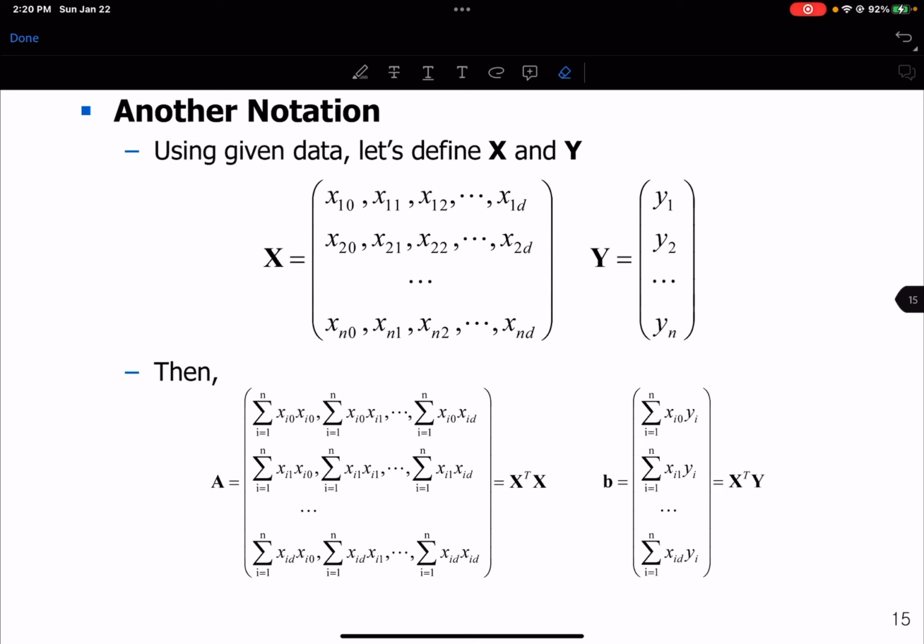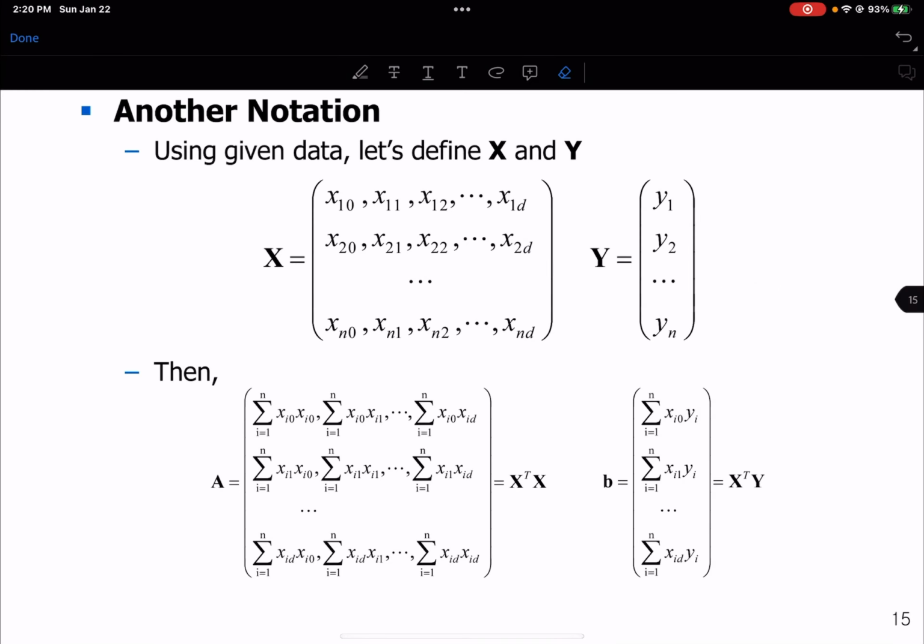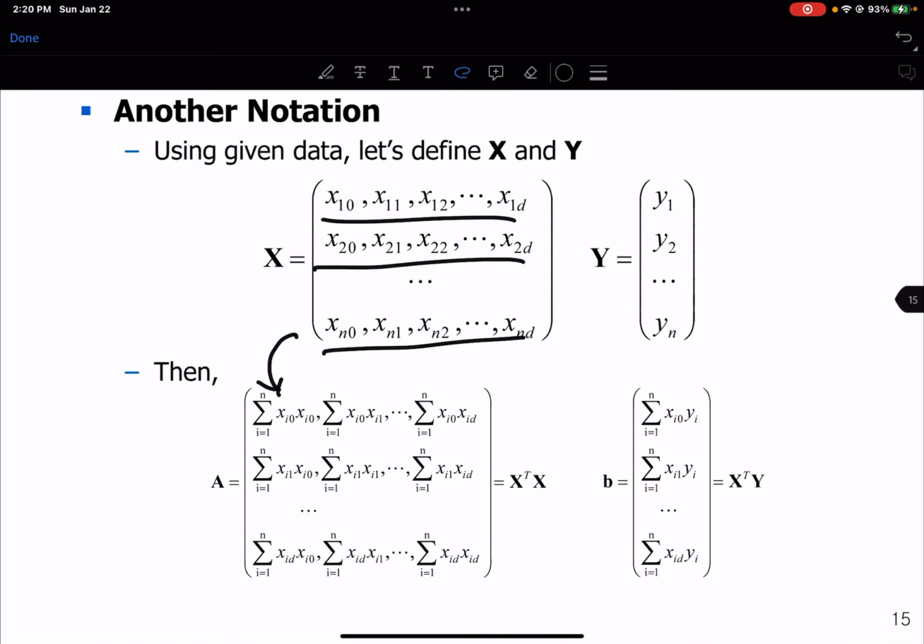So now our matrix is represented in this format, and I will tell you how we get these equations. We now know that we can get this matrix A, and it can be represented in this way, and your B matrix can be represented in this way.